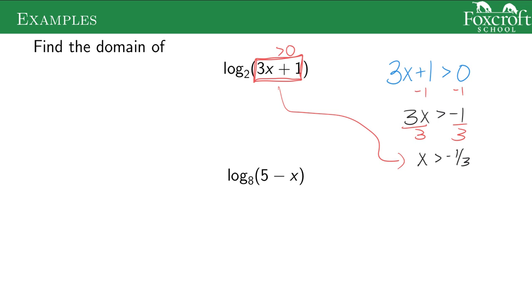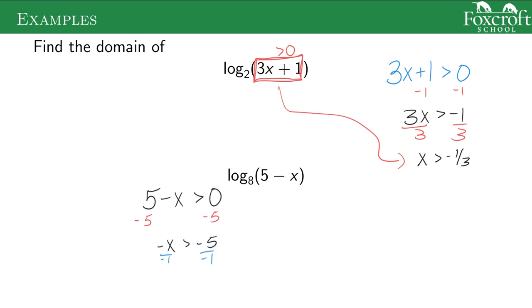Next one, same idea. I take whatever's inside the log. It doesn't matter what the base is. You just take whatever's in the parentheses, 5 minus x. And that is going into a log, so it has to be bigger than 0. There's multiple ways you could solve this one. I'll just do it this way. Subtract 5 from both sides. And I have to get rid of that negative in front of the x. I'm going to divide both sides by -1.